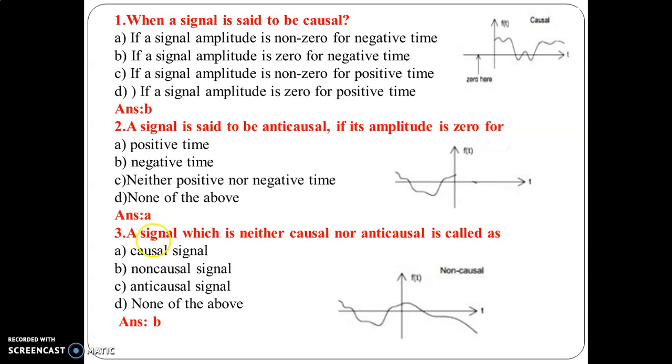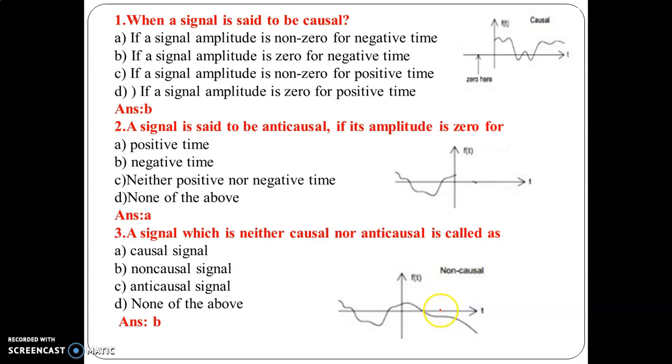Okay. Now next, a signal which is neither causal nor anti-causal is called as. Basically, if you see this waveform, the signal is appearing both for positive time and for negative time. If the signal is appearing on the positive side, it is causal, and if the signal is appearing on the negative side, it is anti-causal.